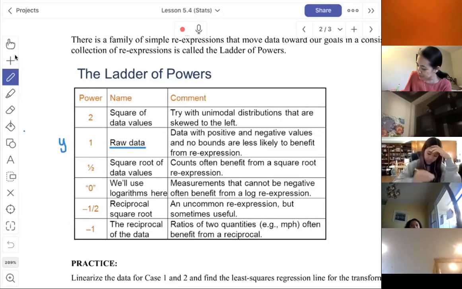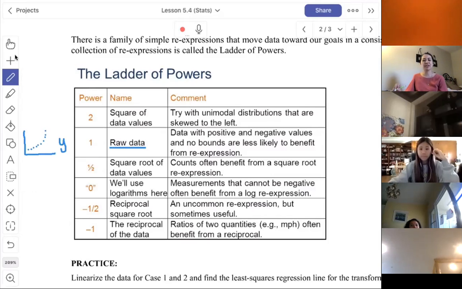Let's imagine that when we graph y it looks something like that. Clearly not linear. So what we can do is walk through our ladder of powers.